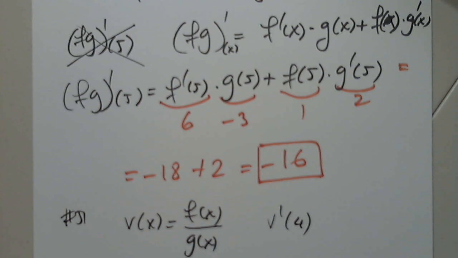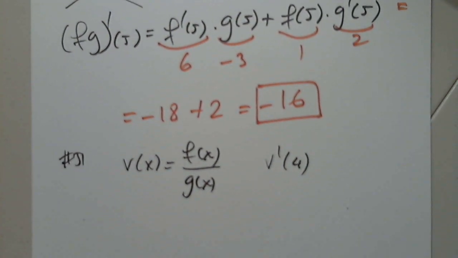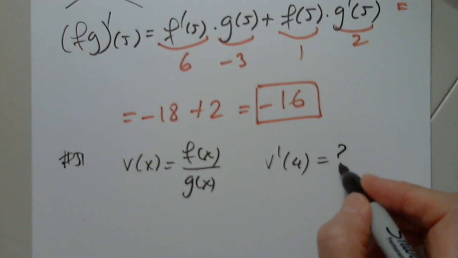Okay. In order to find V prime of 4, we have to find what first? So this is the question.